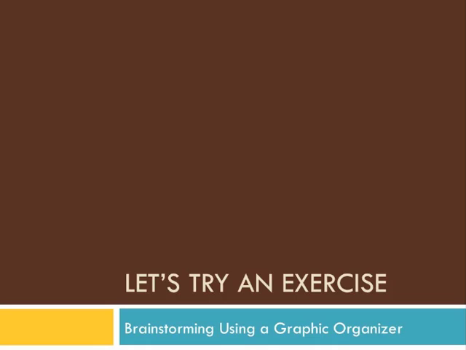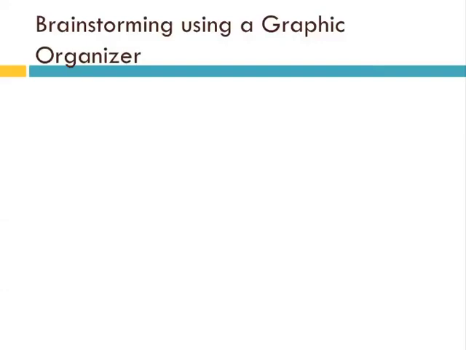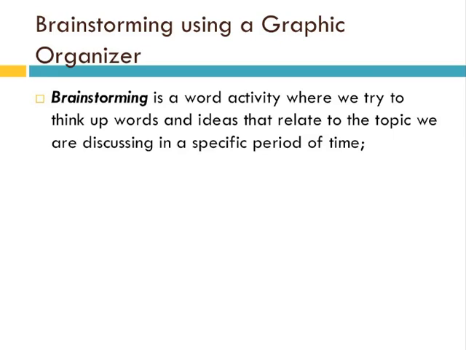So we're going to try a little exercise. This is an exercise I like to do with my students in class. It's called brainstorming, and we're going to be using an idea called a graphic organizer. Now, you may have heard of brainstorming before, but brainstorming is an activity where we try to think up words and ideas that relate to the topic we are discussing, but in a specific period of time.